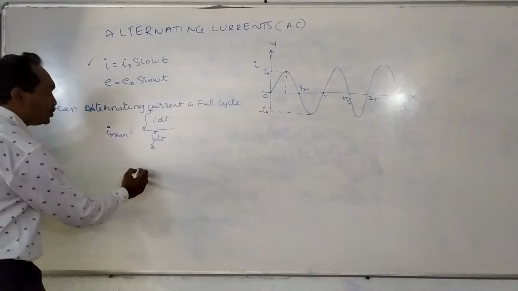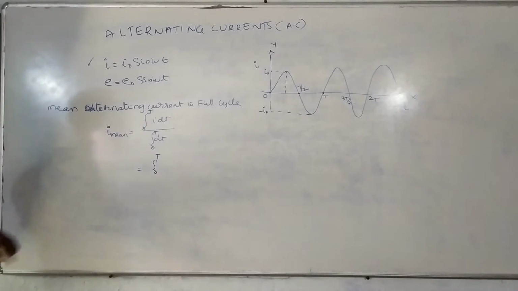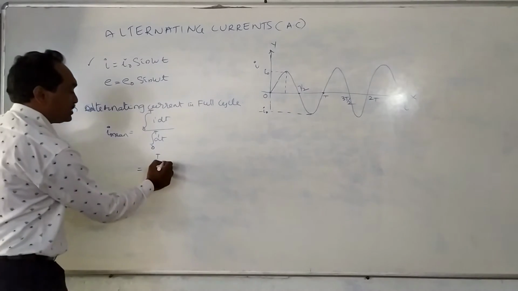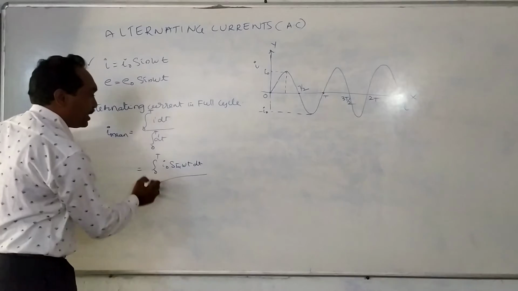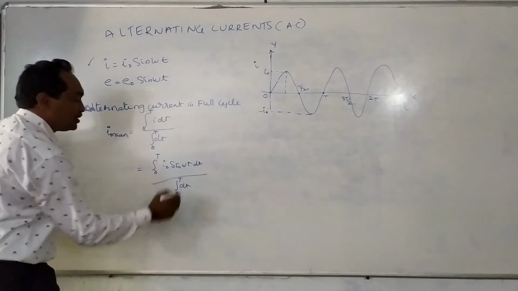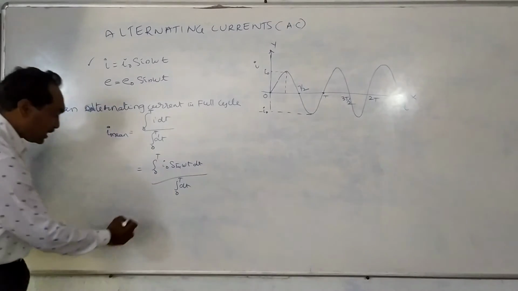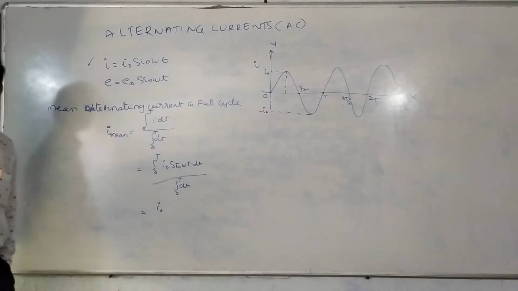That is equal to integration from 0 to capital T. What is I? I is equal to I naught sin omega t. So that is integration of I naught sin omega t dt, divided by integration dt, whose limits are 0 to capital T. Now, we know I naught is the maximum, that is nothing but a constant.